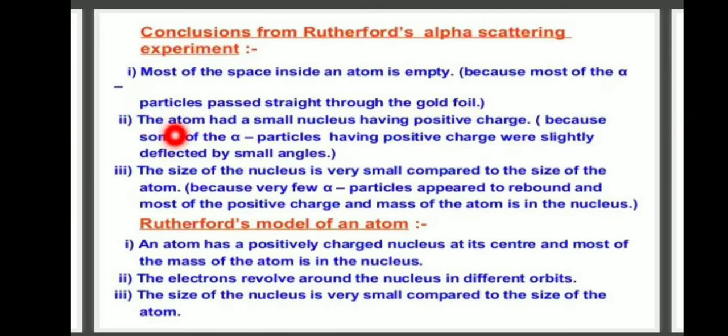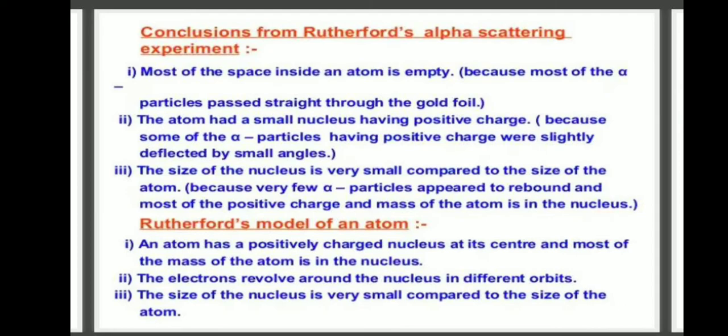Second point, the atom has a small nucleus having positive charge because some of the alpha particles having positive charge were slightly deflected by small angles. The size of the nucleus is very small compared to the size of the atom because very few alpha particles appear to rebound, and most of the positive charge and mass of an atom is in the nucleus.